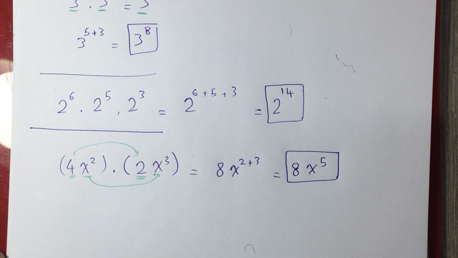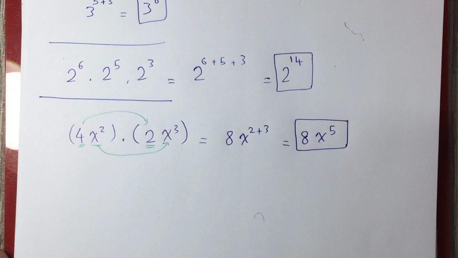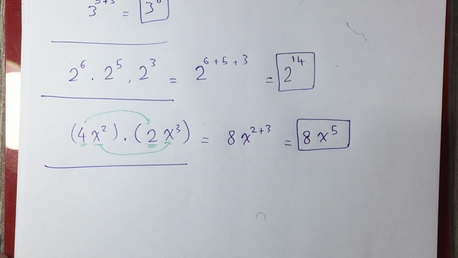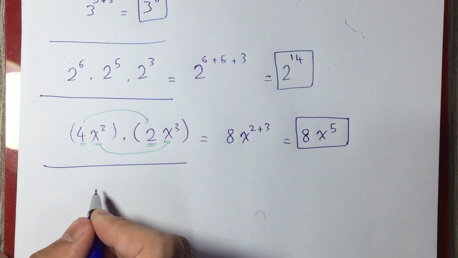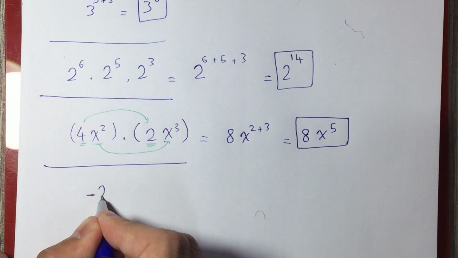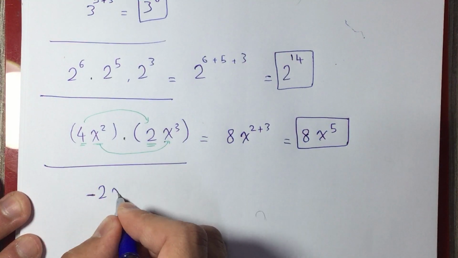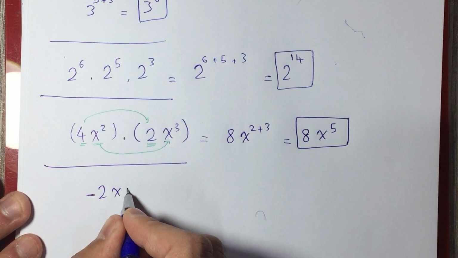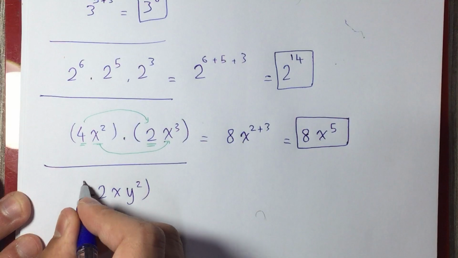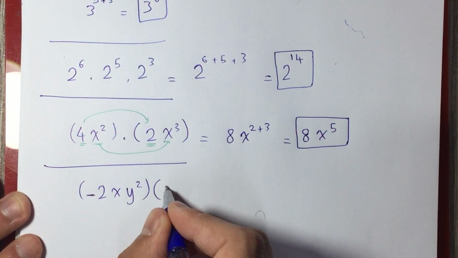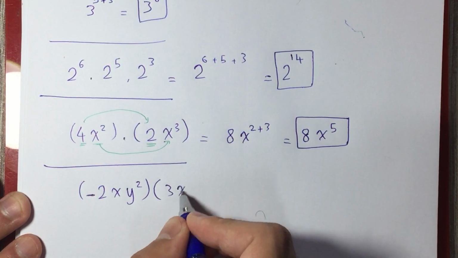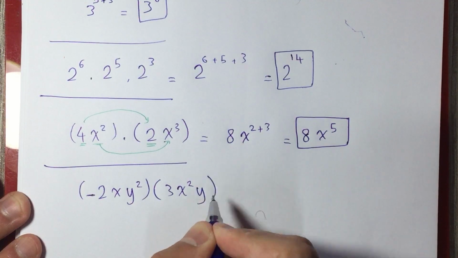What about if we have negative numbers with variables? The same way. If we have minus 2 times x times y squared, all of them times 3 x squared times y.